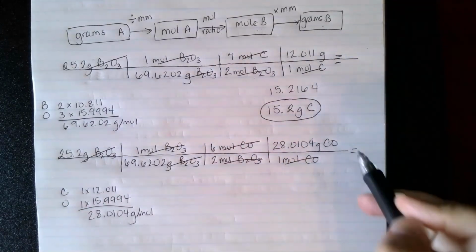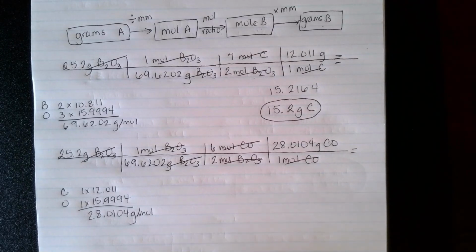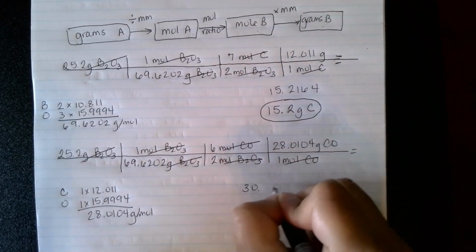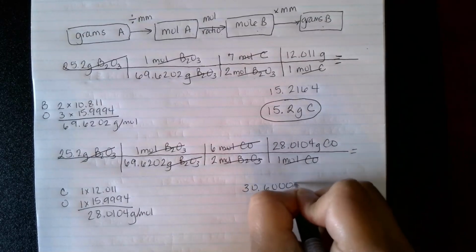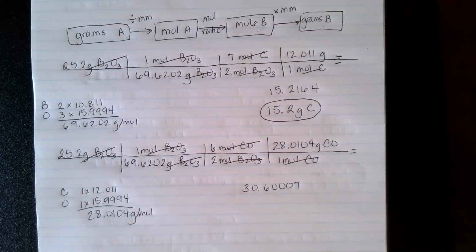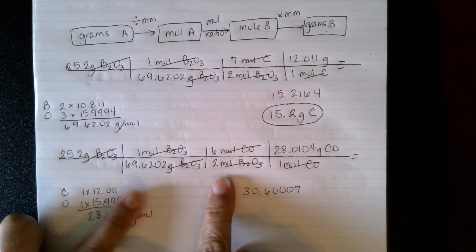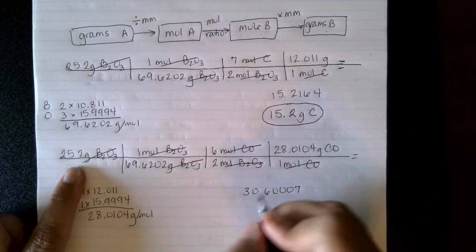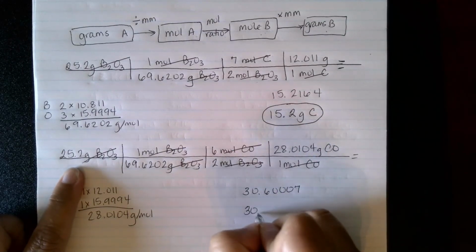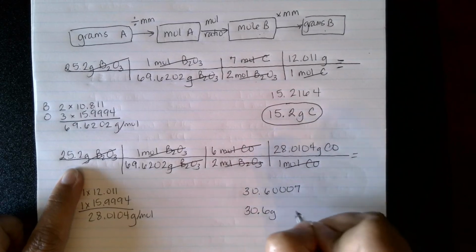Multiply everything on the top, and then divide by everything on the bottom. I got that. Once again, these have many digits. These are counting numbers or exact numbers. So I have 3 significant figures, so I'm going to have 30.6 grams of CO.